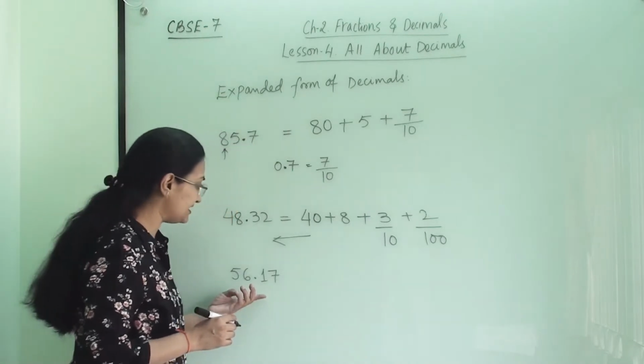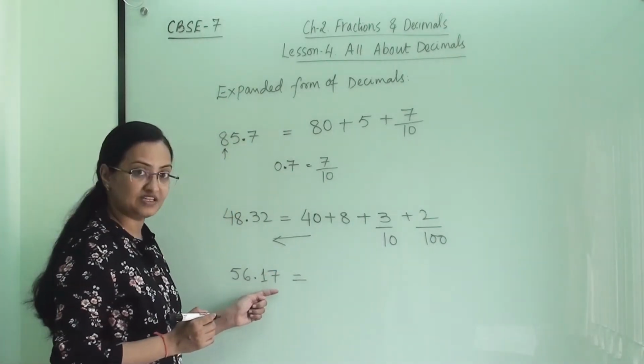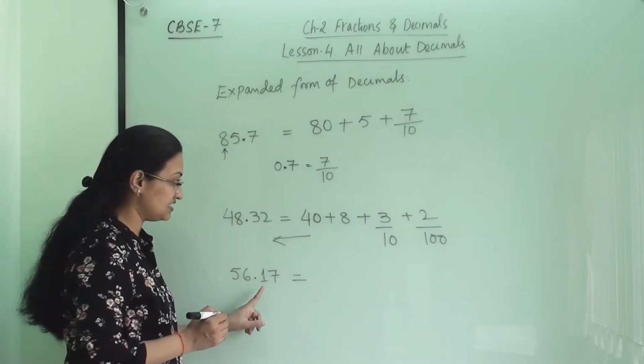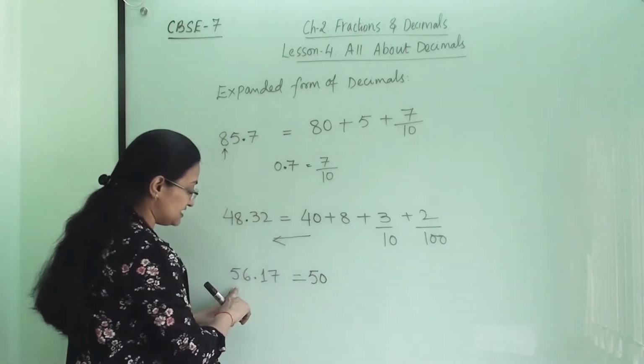Now similarly, let us check this example. This is 56.17. First we will write 50, which is at the 10's place.